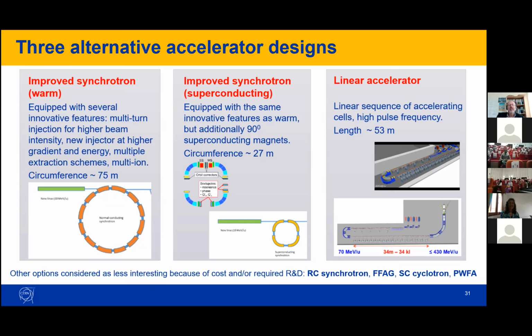Here you see that we have about 27 meters in circumference that you can reach with superconducting magnets, compared with a circumference about a factor of 3 higher with conventional magnets. This is because we want to reach a factor 3 higher field in the magnets thanks to superconductivity. And then we have also compared the small footprint of a linear accelerator, which is only 53 meters, but can be bent in two sides.